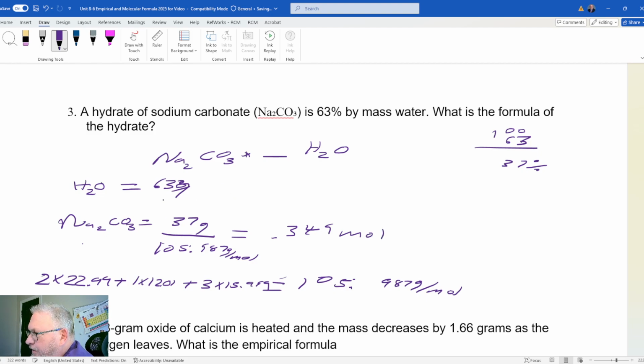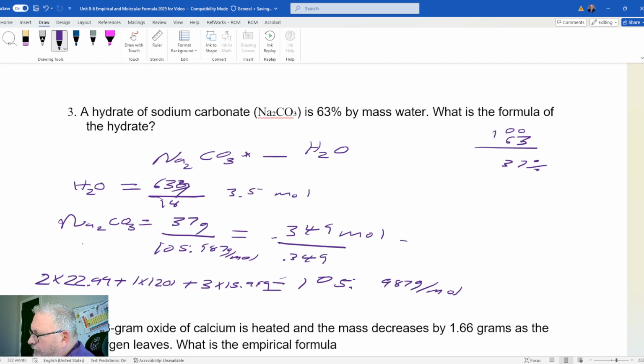Water, as we already figured out, is 18. So 63 divided by 18 gives me 3.5 moles. Now I'm going to divide by the smallest number of moles that we got, which is 0.349 actually.